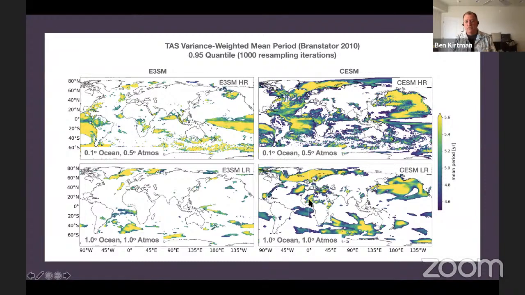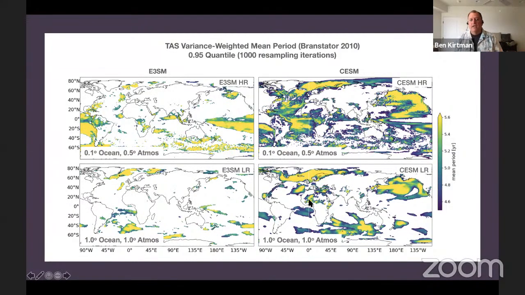One of the other things is we try to use these long simulations to do diagnostic predictability along the way. This figure is based on a nice calculation of Grant Brandstatter's, and Haiyan Teng is also a co-author of this paper, where they looked at the variance weighted mean period in these long simulations.